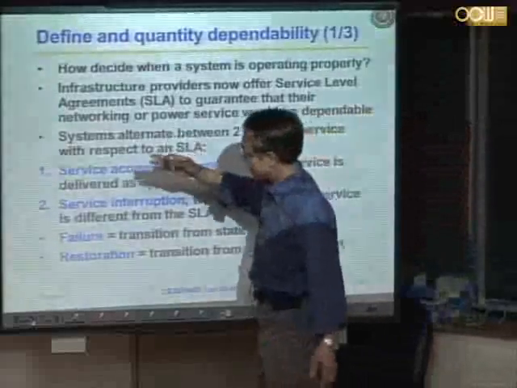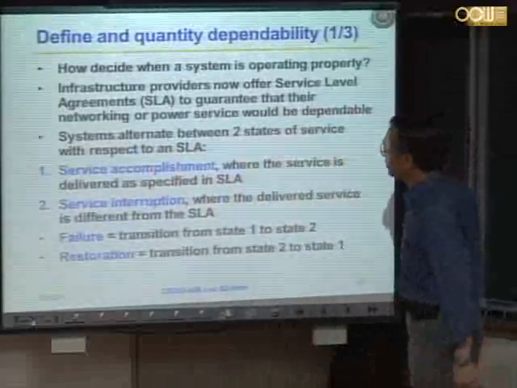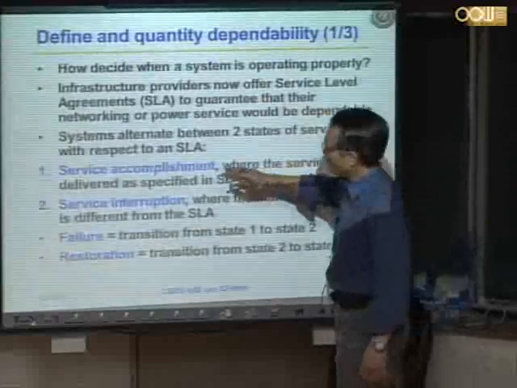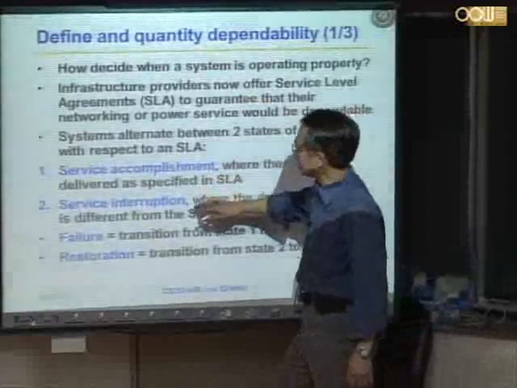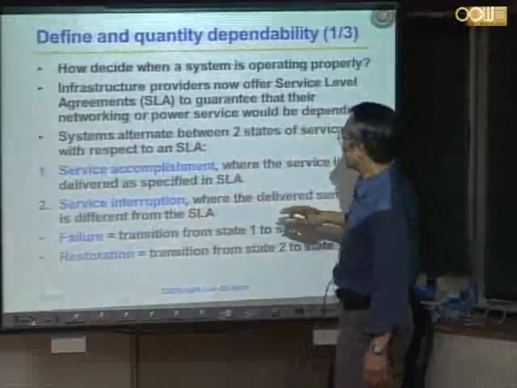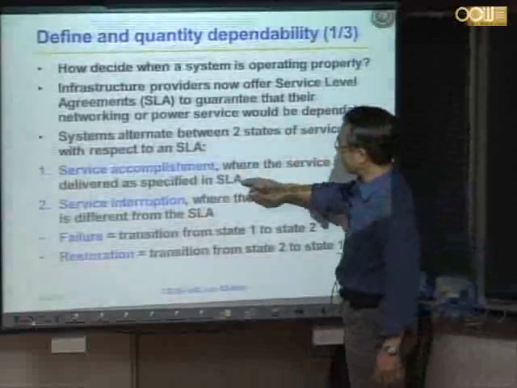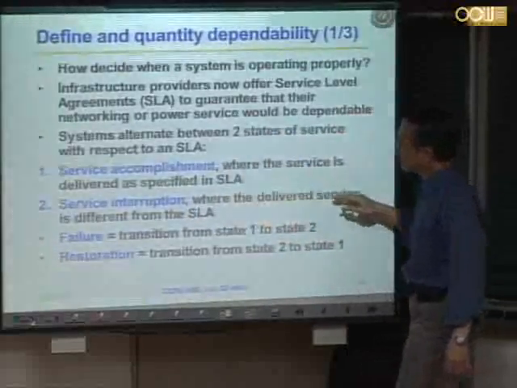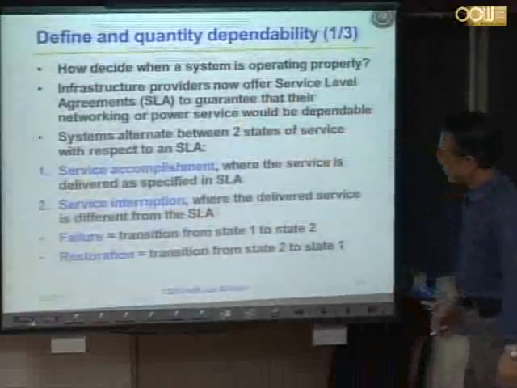Let's go on. Systems alternate between two states of service with respect to a service level agreement. One is service accomplishment and the other is service interruption. Service accomplishment is where the service is delivered as specified in the agreement, and interruption is where the delivered service is different from what's stated in the agreement.